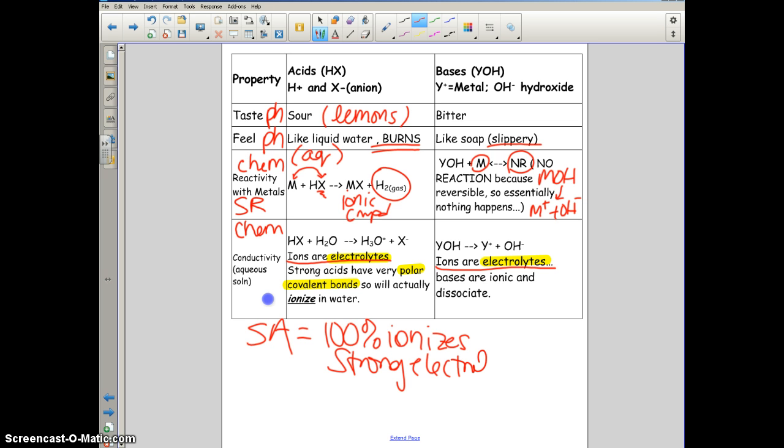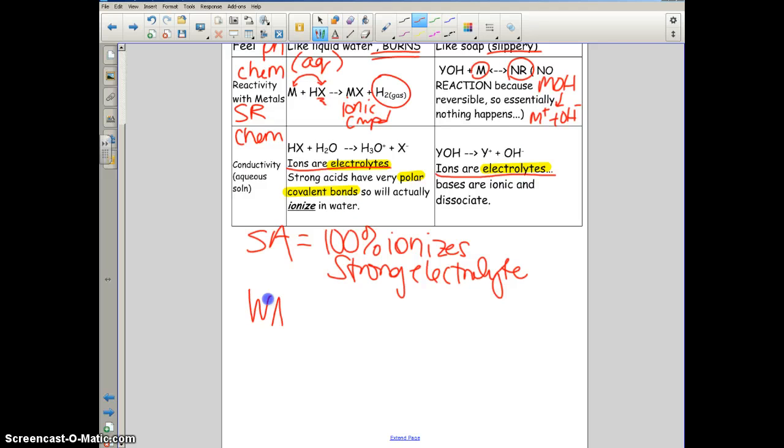So electrolytes aren't always equal across the board. Some are really strong because they're making a lot of ions, so they make the ability to conduct high amounts of current. If something is a weak acid, so I'm going to abbreviate that WA, weak acid, it does not dissociate 100%. So I'm going to say 1% ionization.